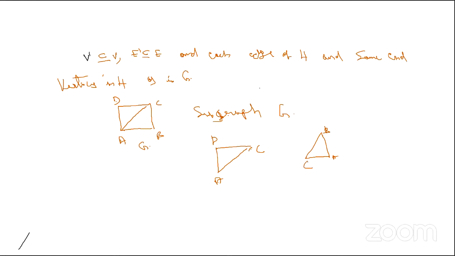ABC is also a subgraph of G. This one is considered 1 and this is 2. 1 and 2 are the subgraphs of G. Okay. Next.